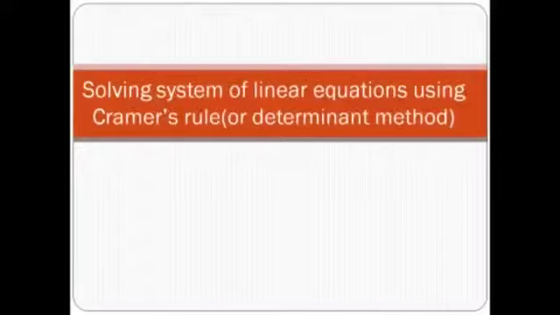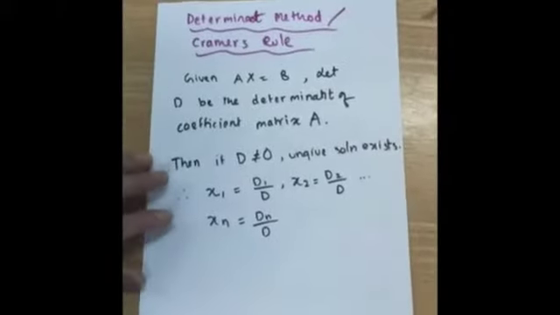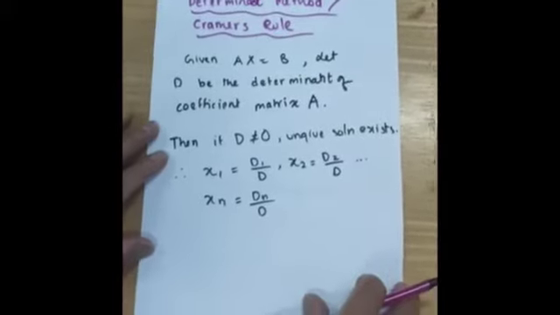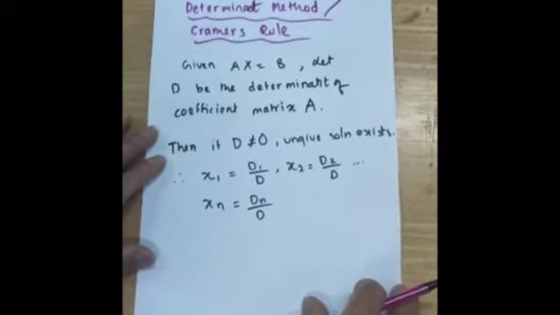So today's lecture is focused on solving the system of linear equations using Cramer's rule, or sometimes known as determinant method. So how to solve using Cramer's rule or determinant method.